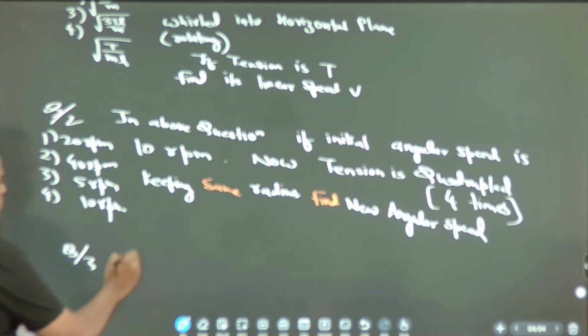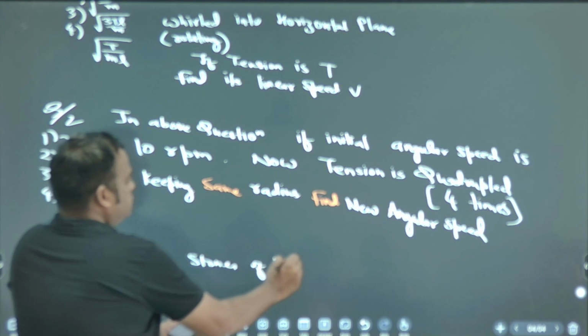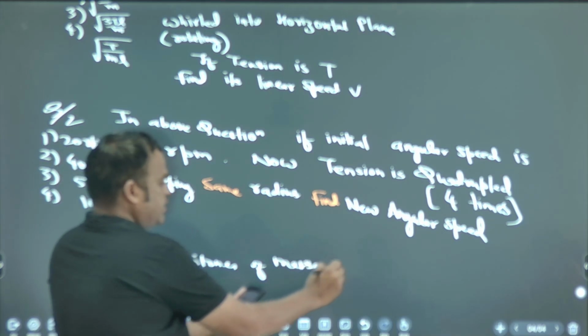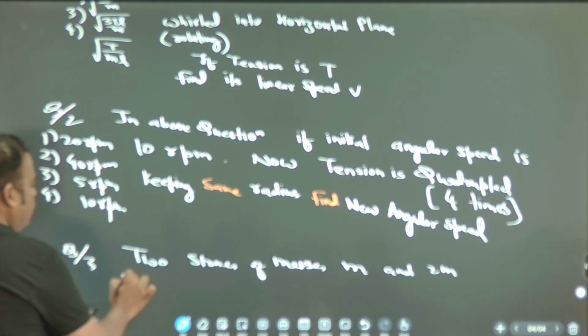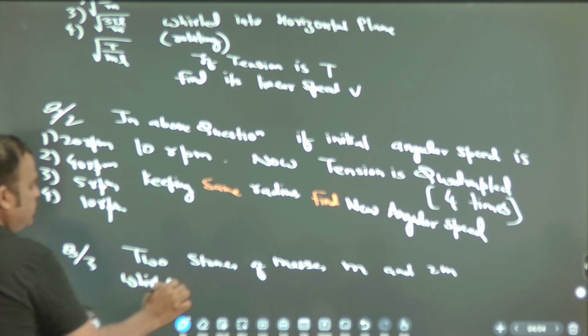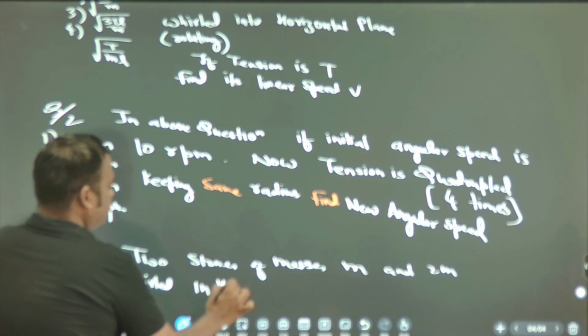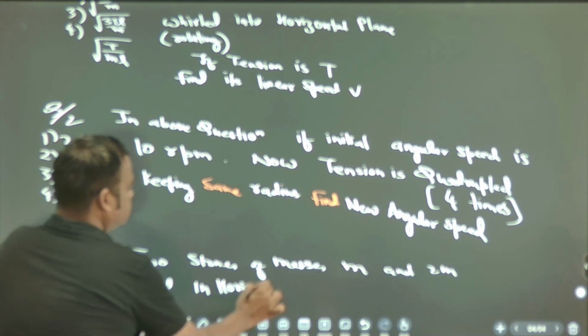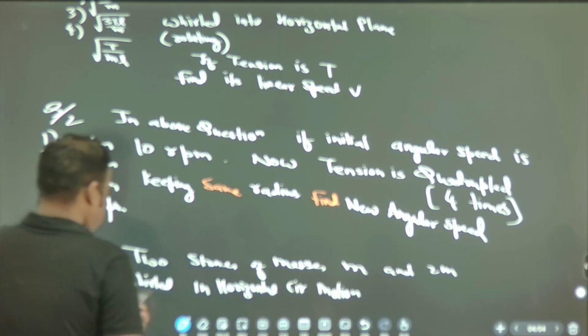Last question. Two stones of masses m and 2m whirled in horizontal circular motion.